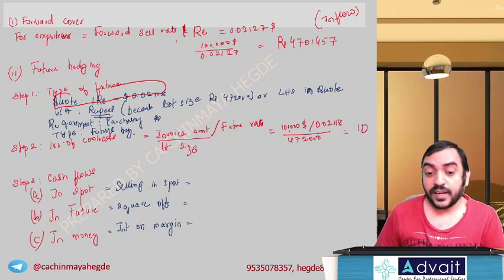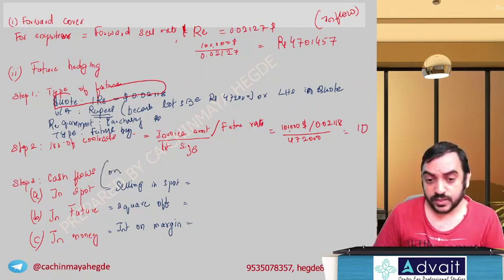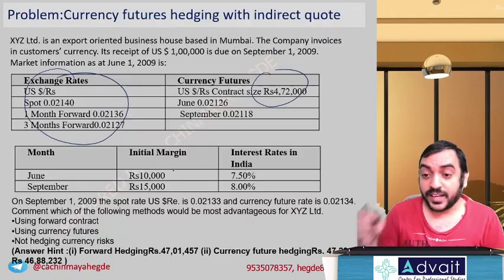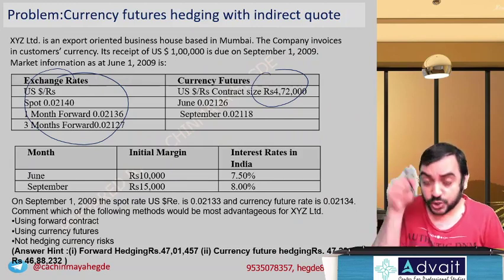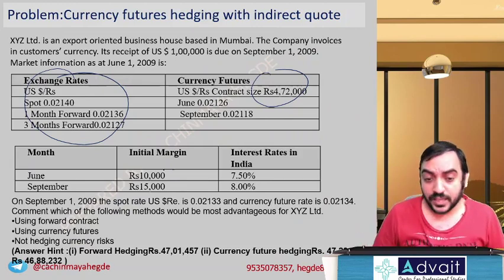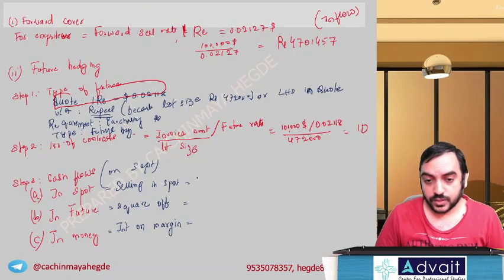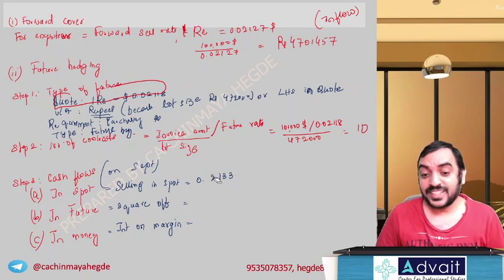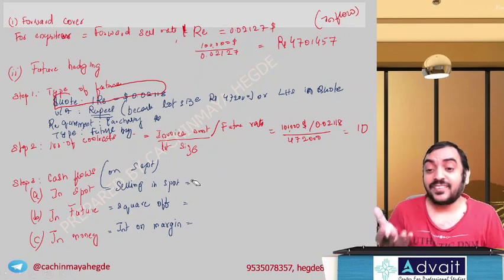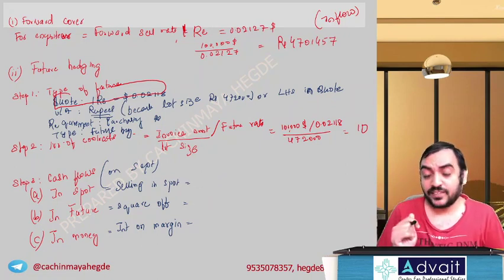Now these are all cash flows on September 1st. Only that we know. What is the spot rate on September 1st? They should give it, otherwise we can't solve this problem. They have given, on September 1st, spot rate is 0.02133. Should we multiply or divide? This is 1 rupee equals so many dollars. So this 0.02133 is on the right hand side, USD; rupee is on the left hand side.